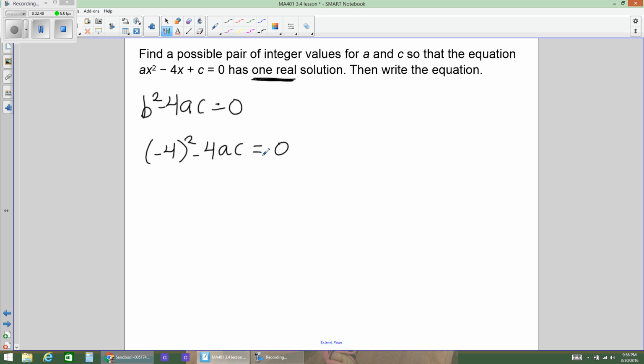So let's do this. Negative 4 squared is 16 minus 4 times a times c equals 0. So I'm going to add the 4ac to the other side. So I get 16 equals 4ac.